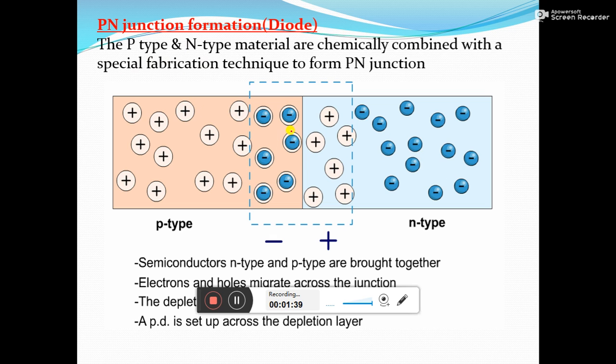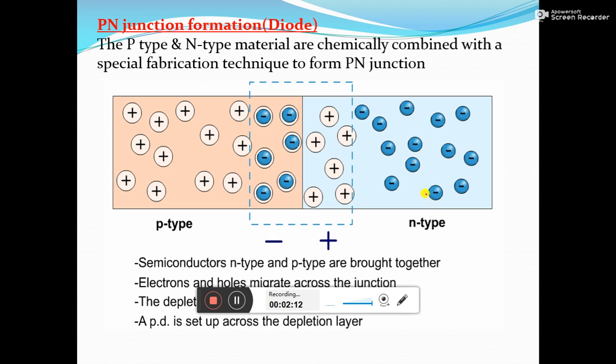As we know, while forming p-type material, the majority charge carriers are holes, and while forming n-type semiconductor, the majority charge carriers are electrons. The holes are minority in number in n-type, and the electrons are minority in p-type. The concentration of holes is more in p-type, and the concentration of electrons is more in n-type.